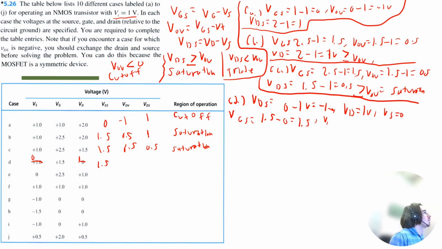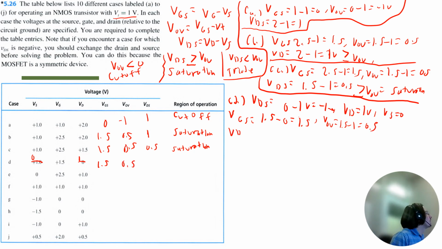Which means V overdrive is equal to 1.5 minus 1, which is equal to 0.5. And then VDS is equal to 1 minus 0, which is equal to 1. And this is greater than V overdrive. So we are in saturation once again.